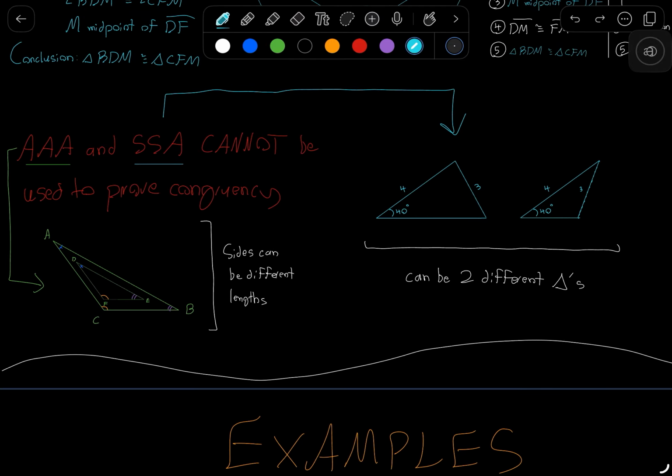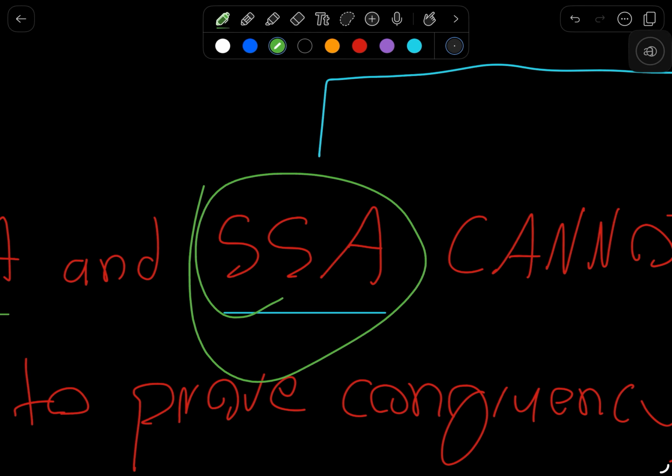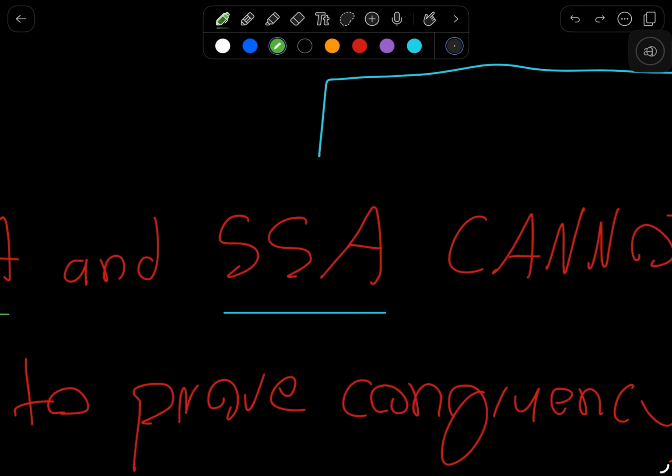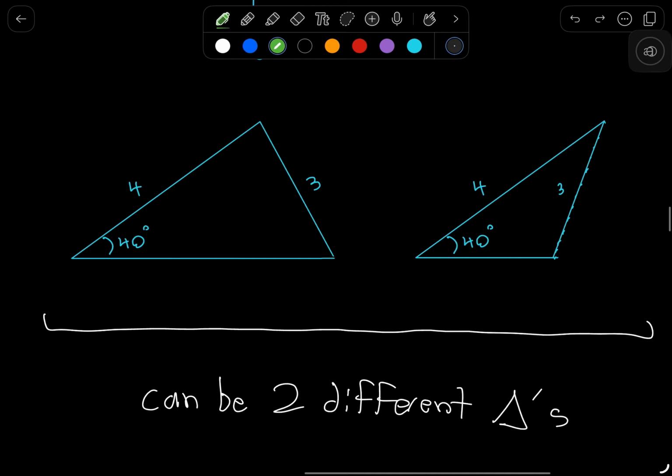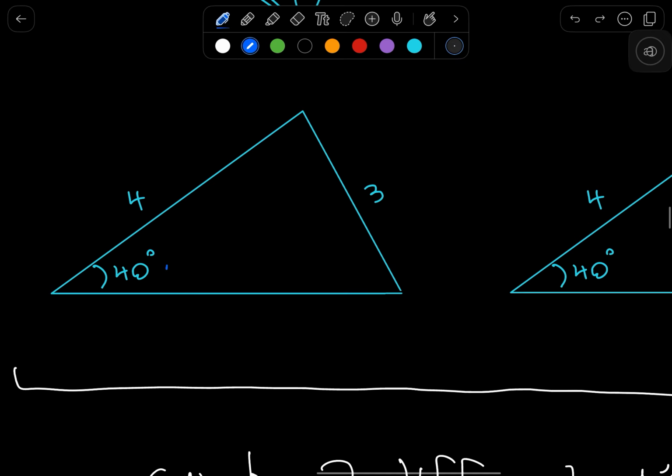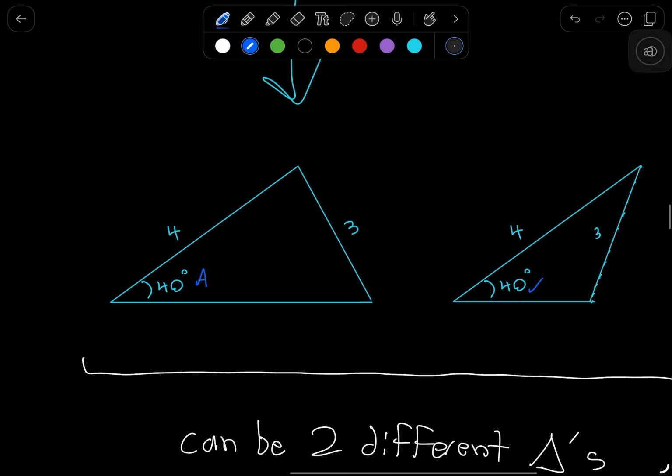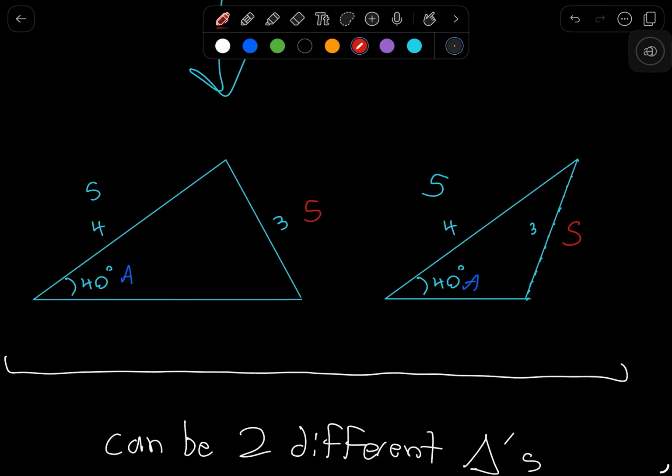Why can't you use side-side-angle? The reason you can't use side-side-angle, once again, is because there are different ways you can form the triangle, right? So here we have an angle that is congruent. We have a side that's congruent, and we have another side that's congruent. So we have two sides and an angle.